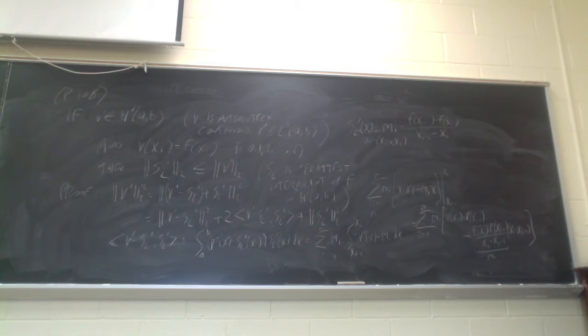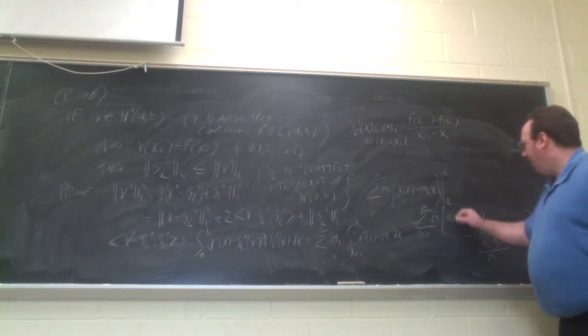Well, what else do we know about v? It's equal to f. Right. So how can we take advantage of that in here? Yeah, so I can say this is f down here.